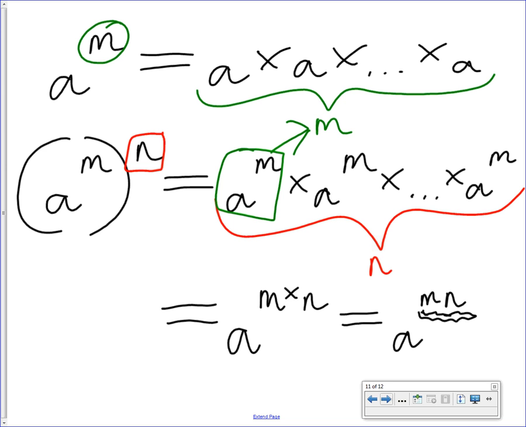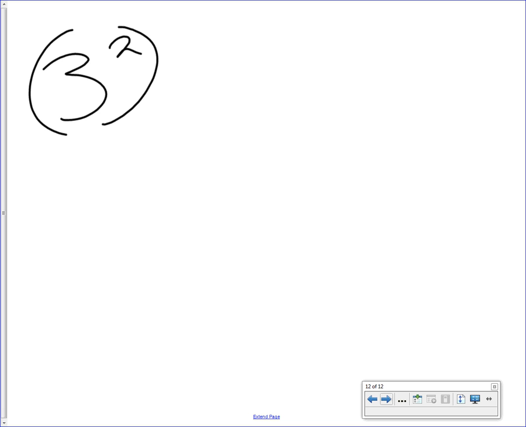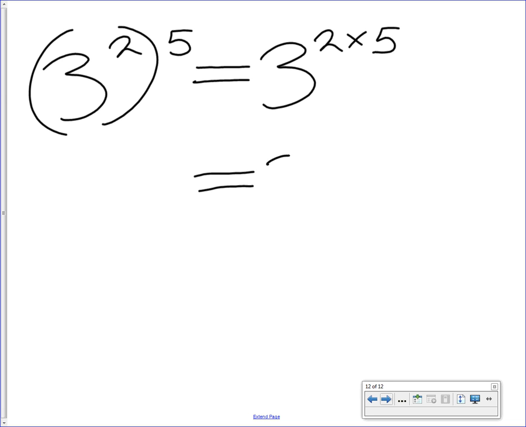So, I'll give you one example of that. If we had 3 to the power of 2 to the power of 5, that is equal to 3 to the power of 2 times 5. And so, of course, that'll be equal to 3 to the power of 10.